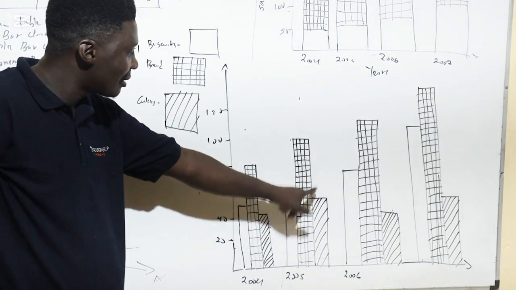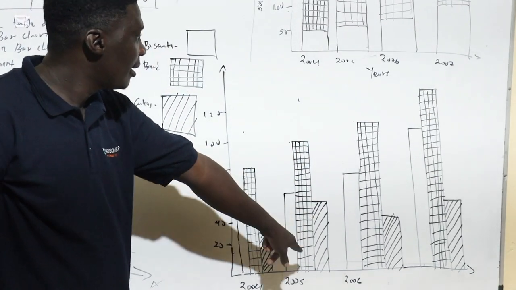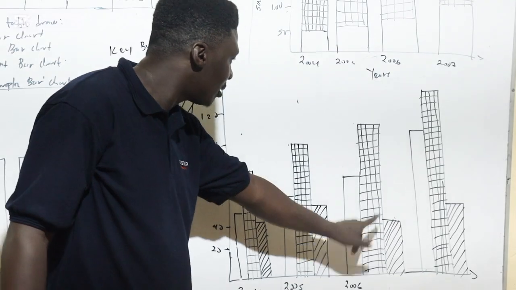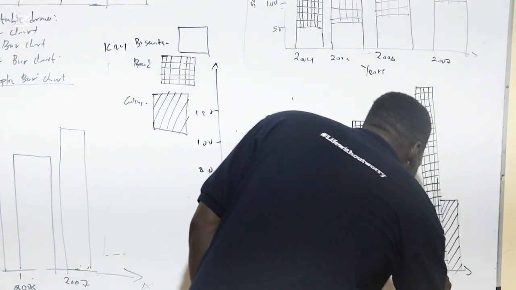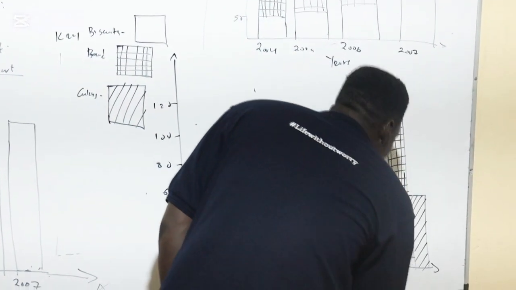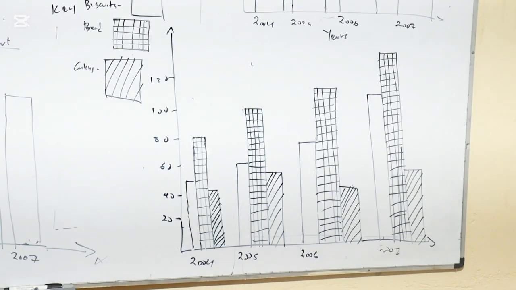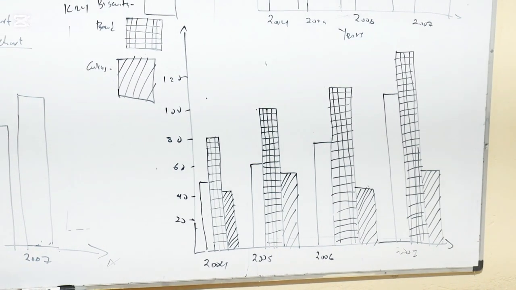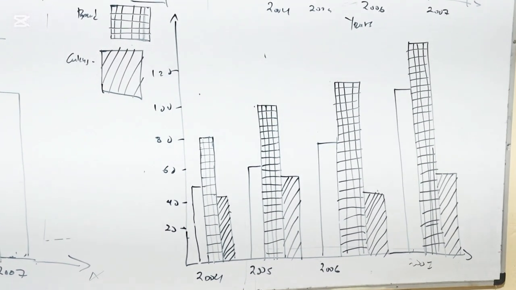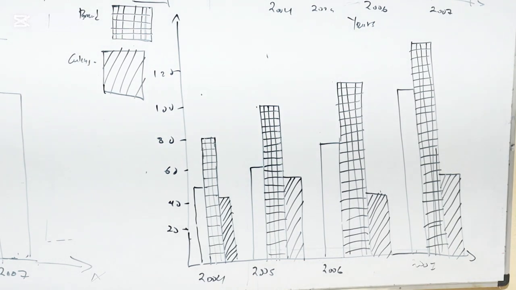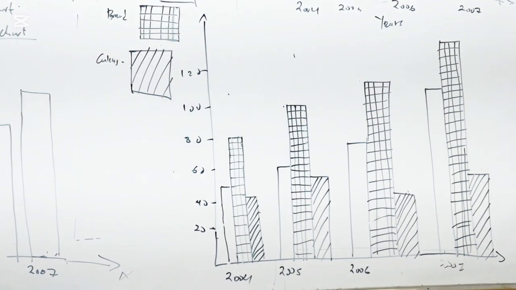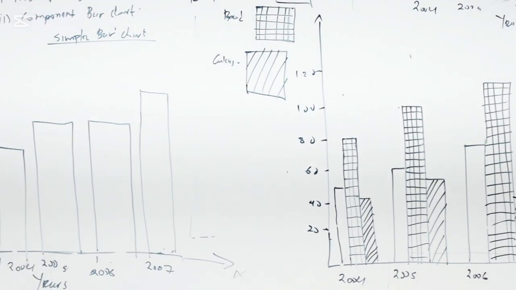The next year the same: biscuit, bread, cake, and so on for each year. So each and every component will have its own bar, but with component bar chart, the same bar will be subdivided to fit the entire component.